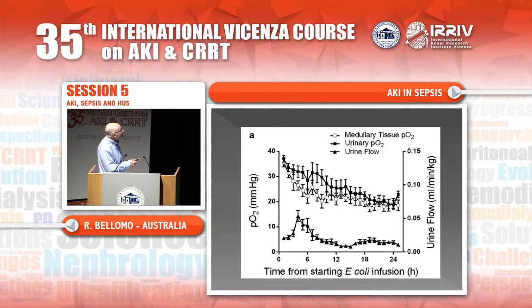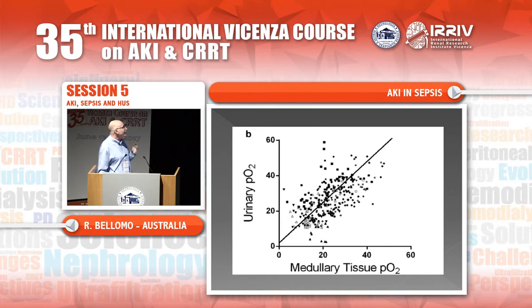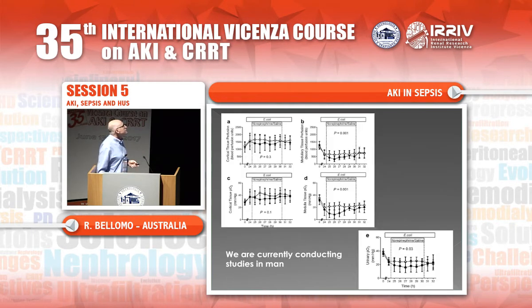And when you look at the medullary tissue PO2 and you look at the urinary PO2, it looks like that might well be true. And when you do a correlation between urinary PO2 and medullary PO2, it's not that bad. And again, we were able to show that we have a correlation between the urinary O2 and changes instituted by the administration of vasoactive drugs.